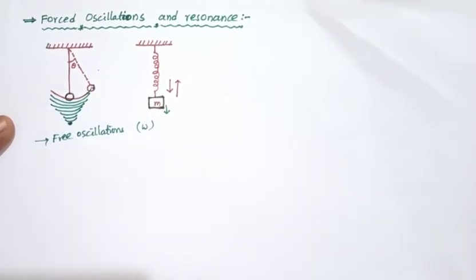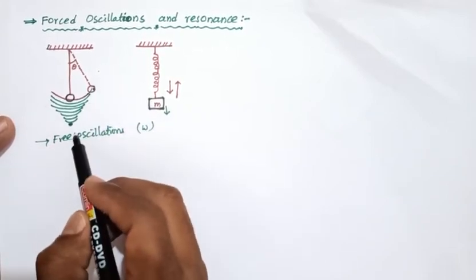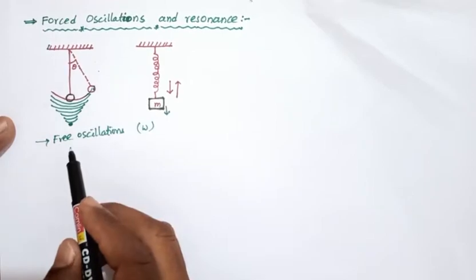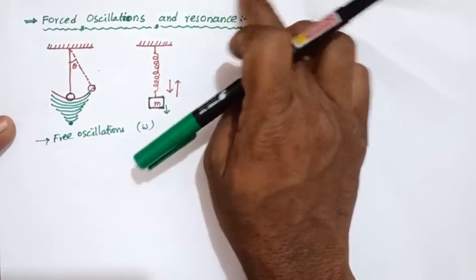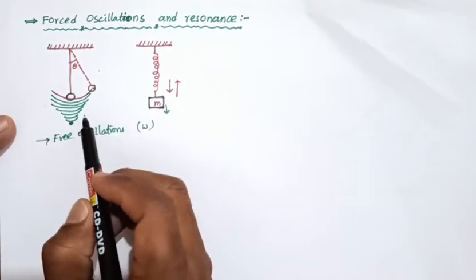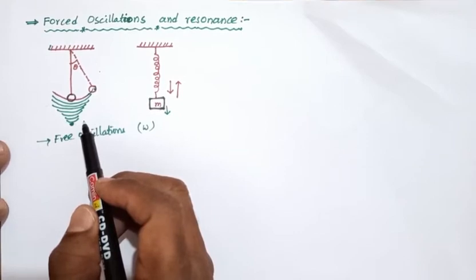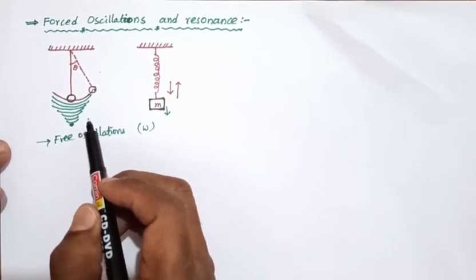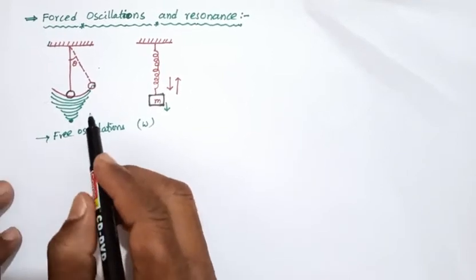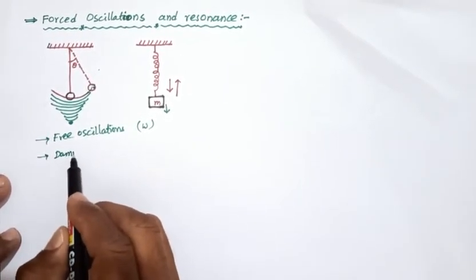Due to the damping force, the simple harmonic motion eventually dies out and stops. This type of oscillation is called damped oscillations.